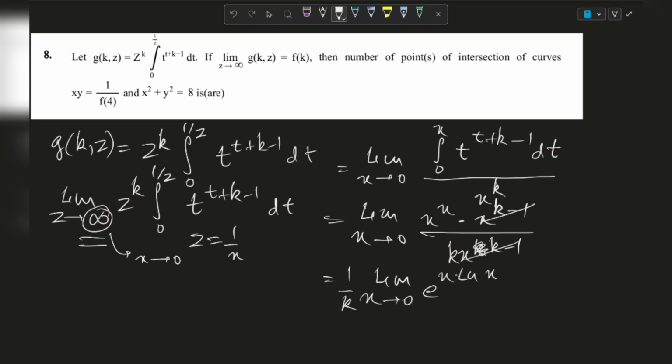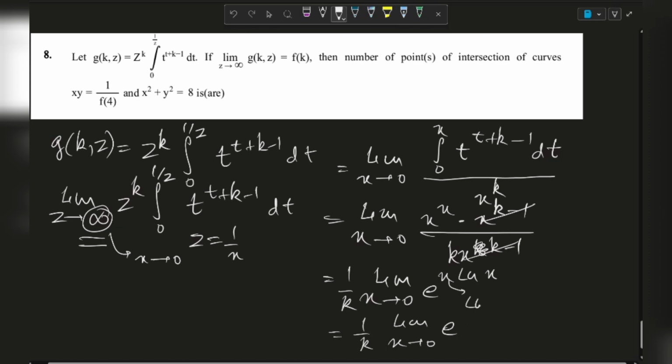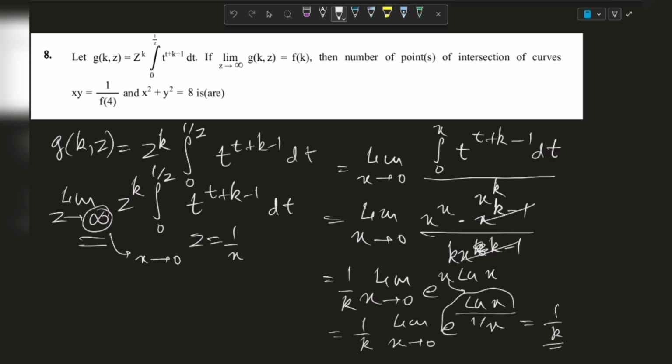I hope you are familiar with this. And we can bring x here also. So this is 1 by k limit x tends to 0 e power of ln x divided by 1 by x. So basically this becomes our 1 by k. I am not explaining why this is happening. If you have any confusions, you can write in the comment section, but this is very basic stuff, so I'm skipping this. So basically we have this as 1 by k.